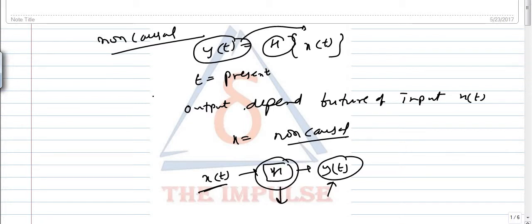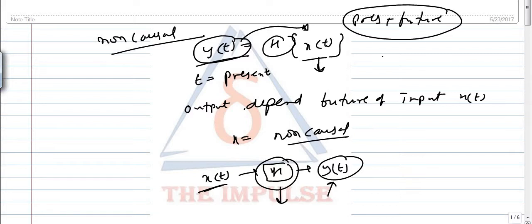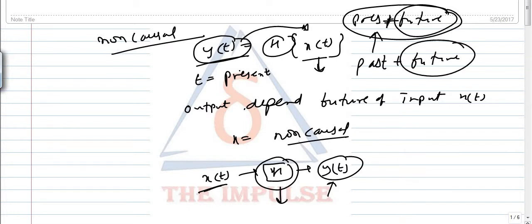Here one should note that for any present time t, the output can depend on present plus future. It is not only dependent on the future; it may be dependent on the present or the past at the same time. What is the basic difference between non-causal and anti-causal?